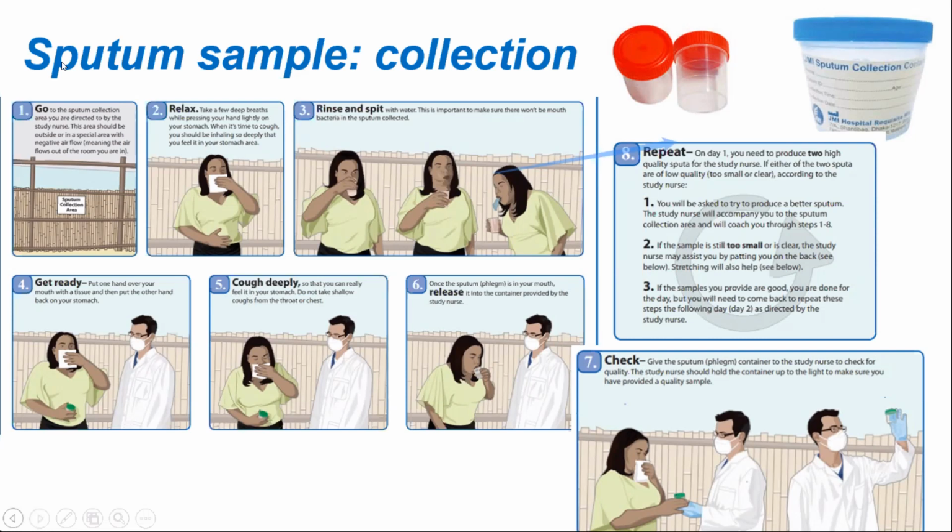So this procedure is recommended to reduce the concentration of contaminating microbes from the oral cavity. Well, it is taken during coughing, and it is placed into a sterile container, of course.